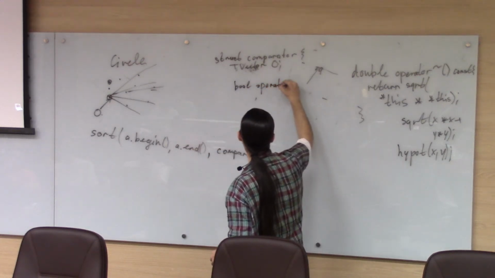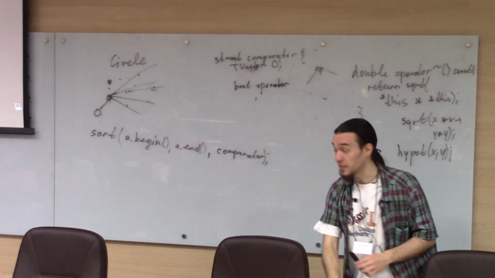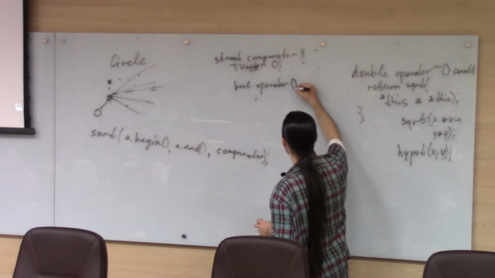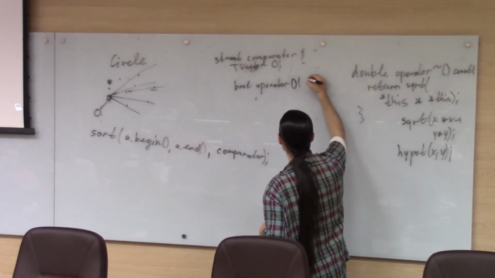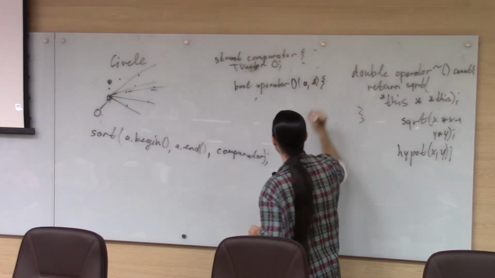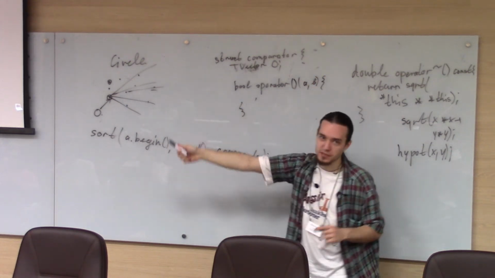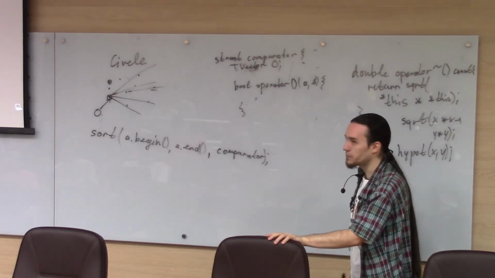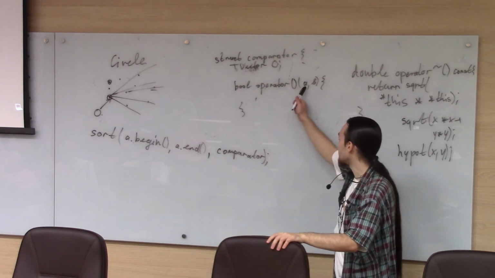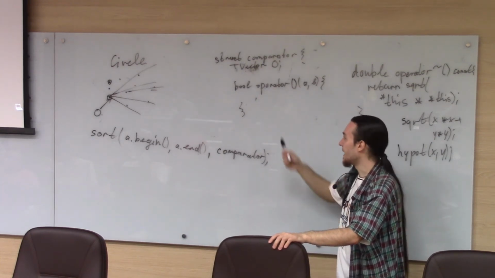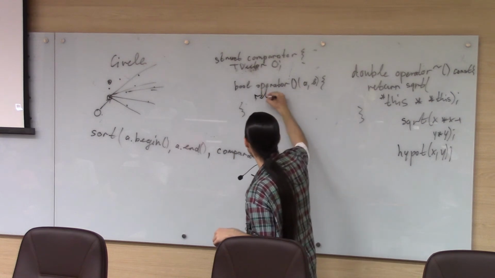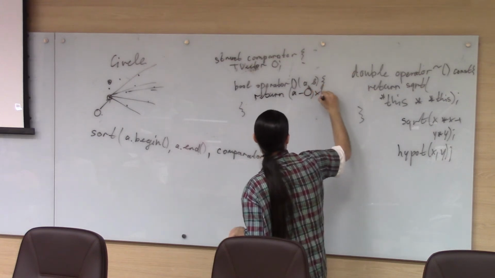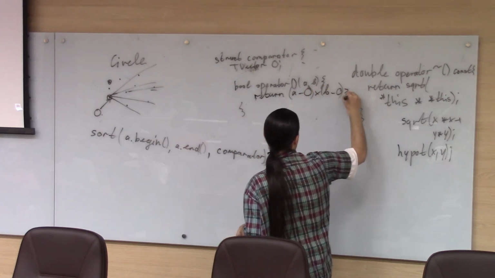This is going to be the operator of square round brackets, which takes two vectors, A and B, and compares them with respect to the point O. It should return true if the point A should come before the point B. Inside of that, it will have a very simple thing: it will compare the cross product.